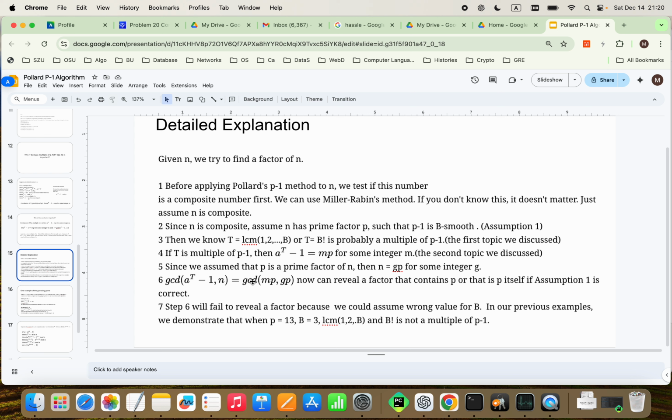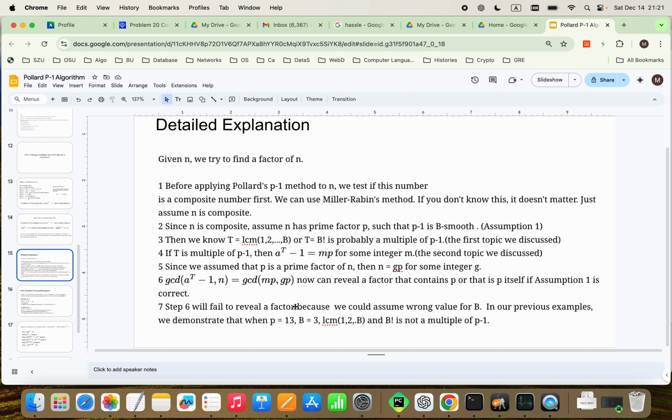This GCD is n. Why is GCD n? Because we assumed here n has a prime factor p. So we assumed that p is a prime factor of n, then n equals gp for some integer g. So we just substitute this.